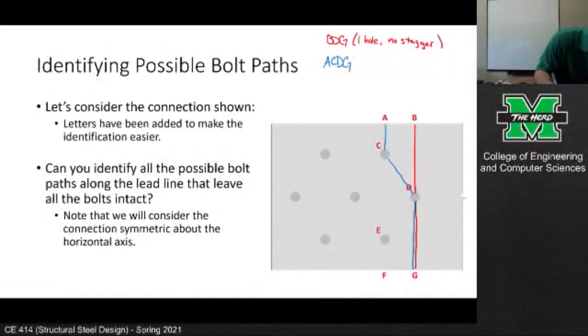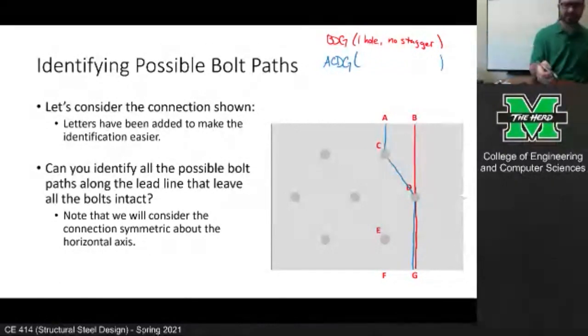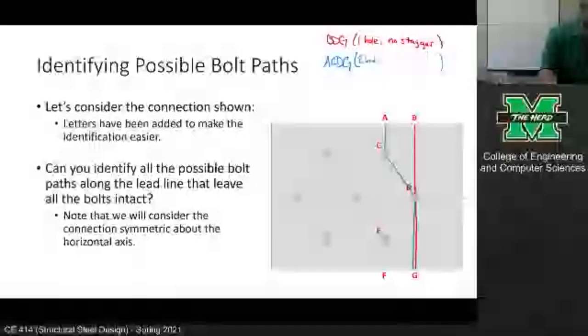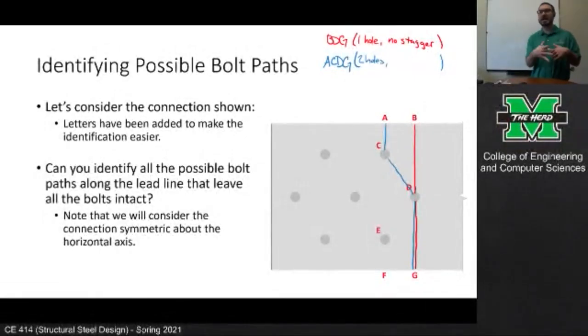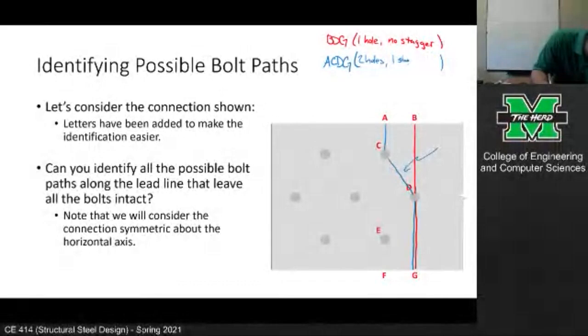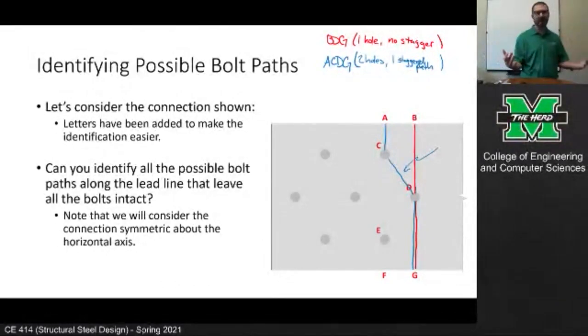How does that differ from the previous path? Well, the previous path had one hole. This one goes through two holes. But looking at the diagonal path, there's an increase in net area right here. There's an increase right there. So that increase in net area means we have to account for one staggered path. Now, can anybody identify any other paths?